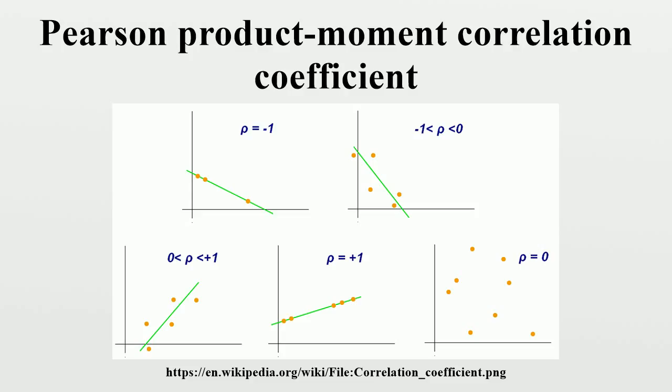Variations of the correlation coefficient can be calculated for different purposes. Here are some examples. Adjusted correlation coefficient. The sample correlation coefficient R is not an unbiased estimate of ρ. For data that follows a bivariate normal distribution, the expectation E of the sample correlation coefficient R is given by an equation, so R is a biased estimator of ρ.